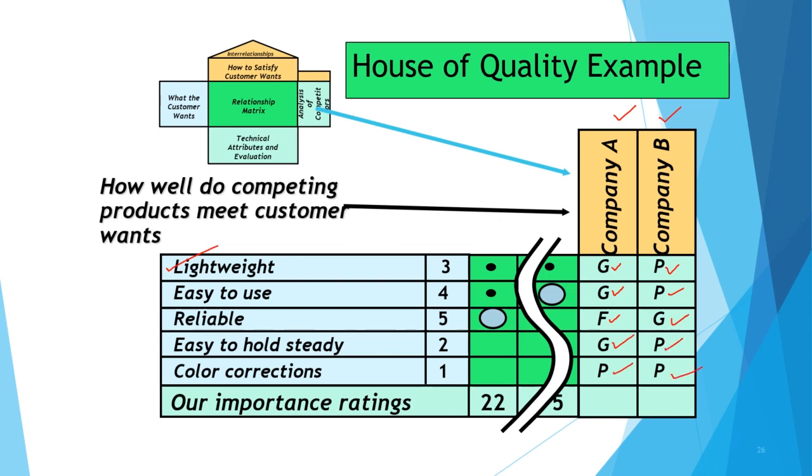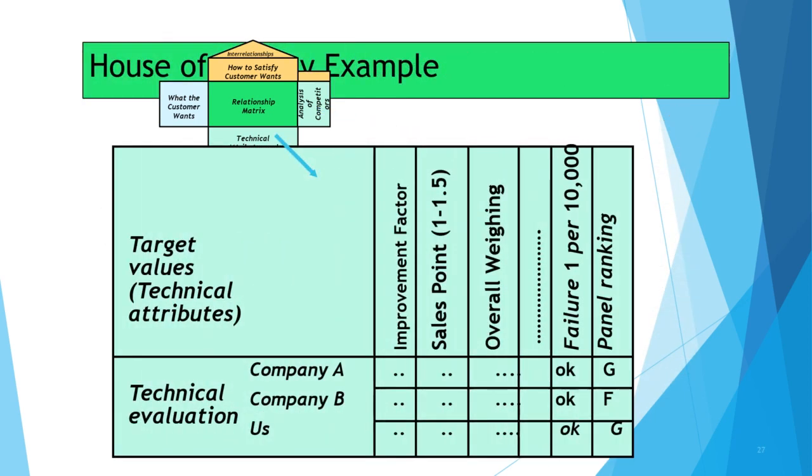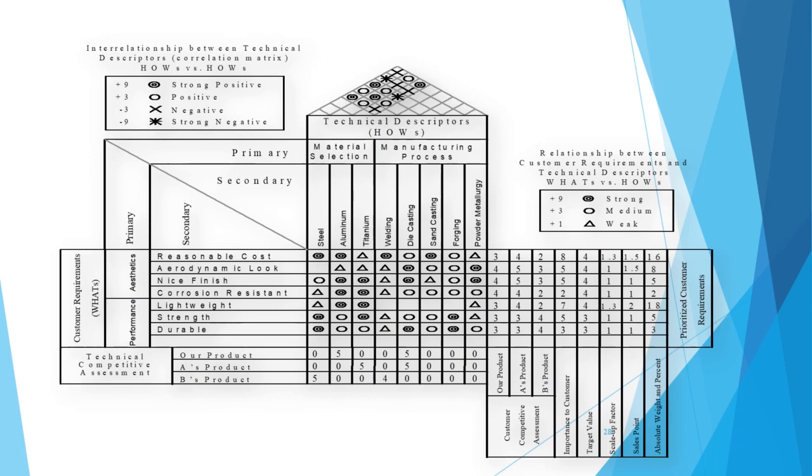So that means our product is compared with competitor A and competitor B. Then finally, to calculate the technical evaluation for company A and company B, and ours, there is the improvement factor. Sales point, the value will be between 1 to 1.5. Overall weighting, failure per 10,000, and panel ranking, that is good, then fair and good, and when we make it complete, we will get this as the final value.